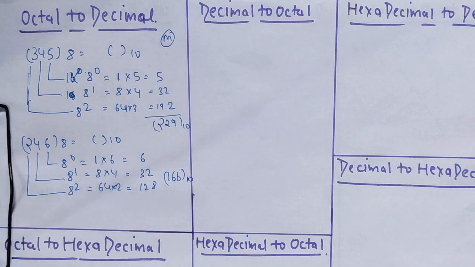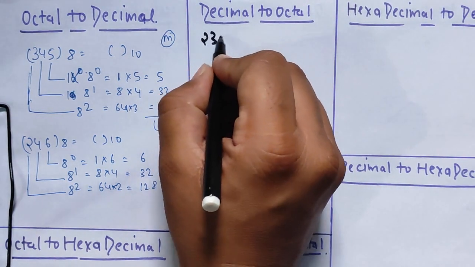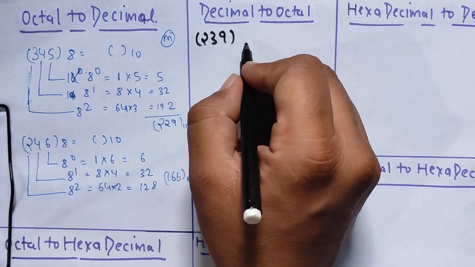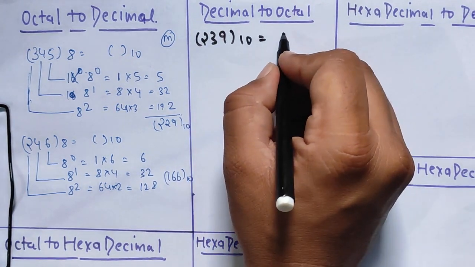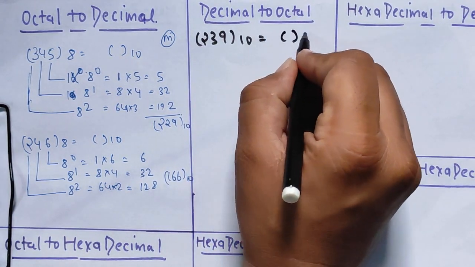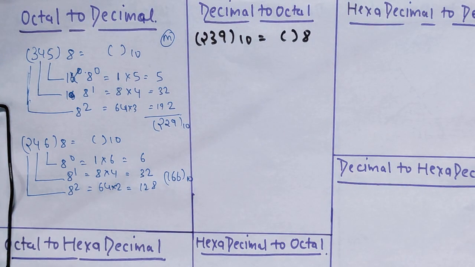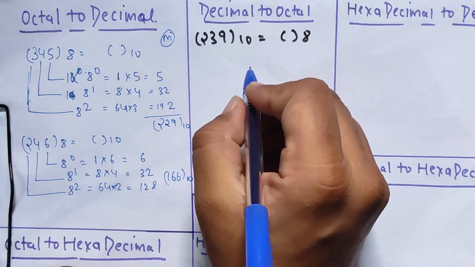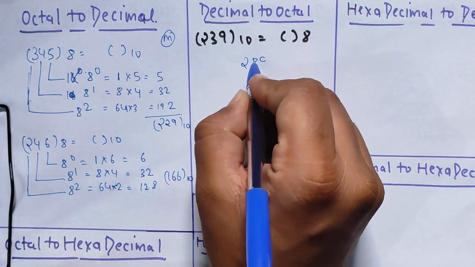Now I will convert a decimal number into octal, and my question is 239. This is the decimal number and I have to convert it into octal. For this I will apply the divide approach.